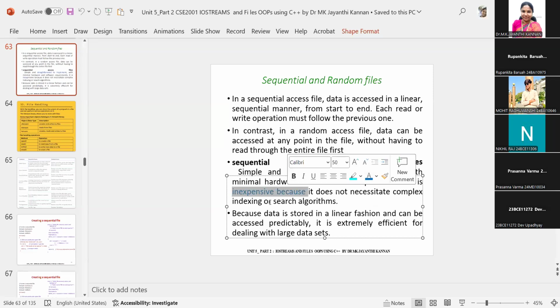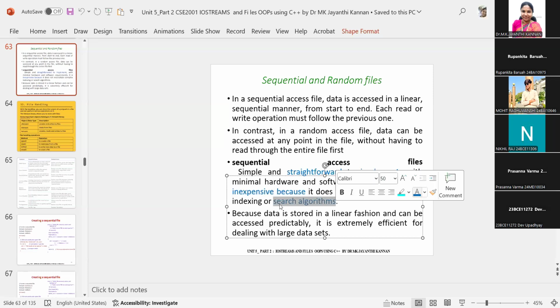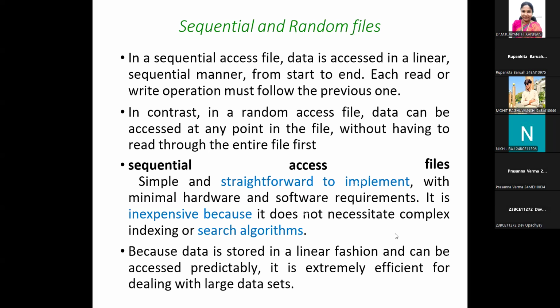We can easily make use of searching algorithms and simple concepts because the data is stored in a linear fashion, and it is extremely efficient when dealing with large data sets. So you got the idea of what a sequential access file and a random access file are. Any doubt?